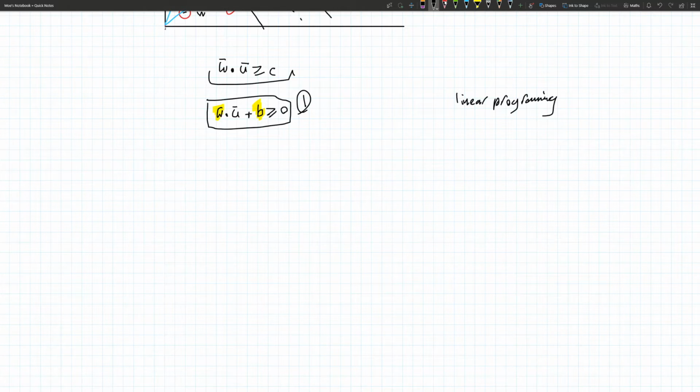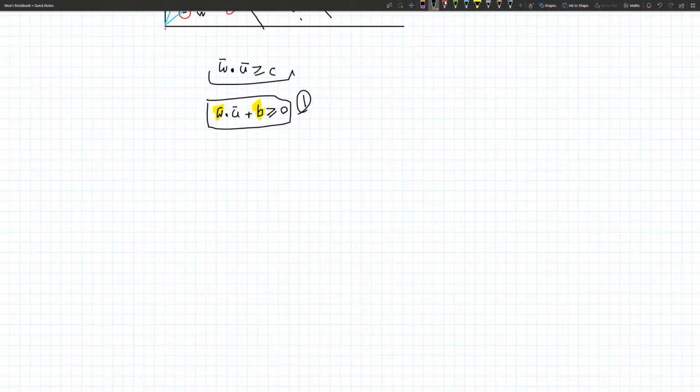We have this function, and we need some constraint to know W and B. We don't know W mainly because we don't know the length of W, and there are a lot of vectors that are orthogonal to the decision boundary. So we need some kind of constraint.